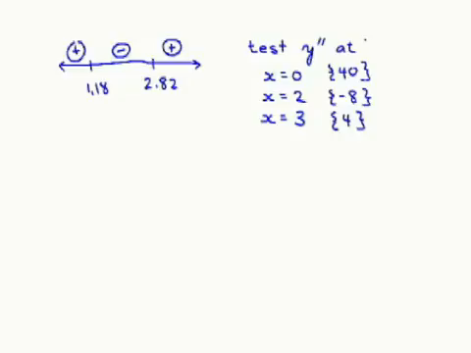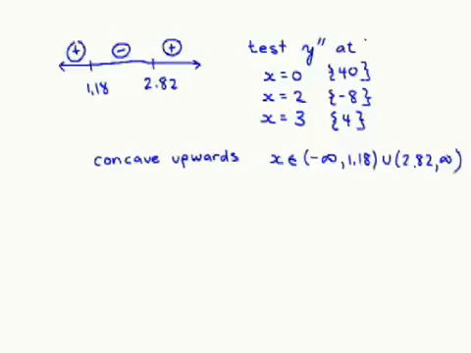Remembering that the second derivative helps us to understand where a function is concave upwards or concave downwards, we can now conclude that the function is concave upwards in the regions from negative infinity to 1.18 in union with the region from 2.82 to infinity.